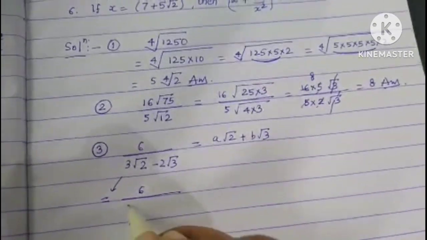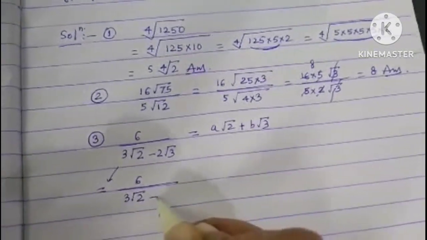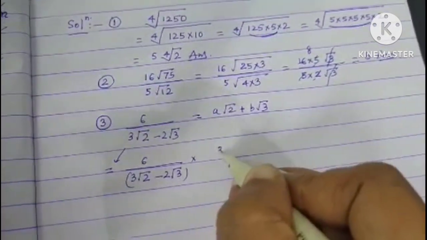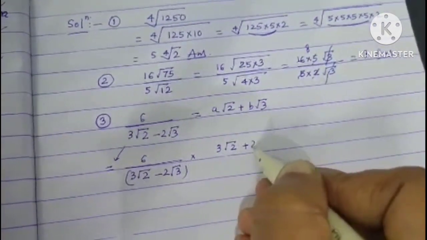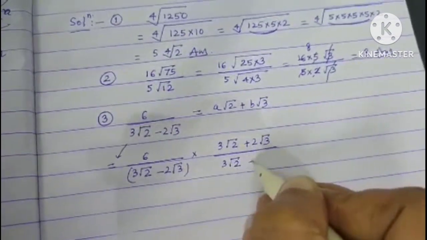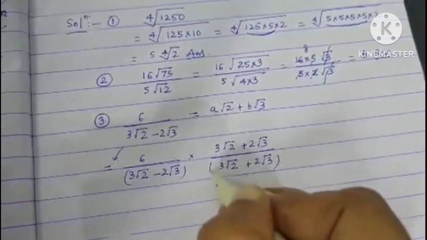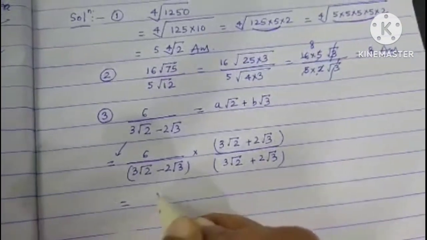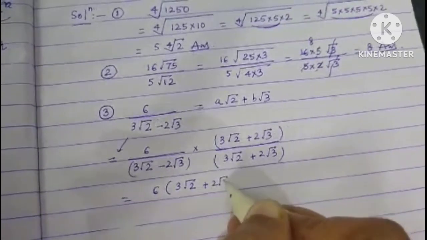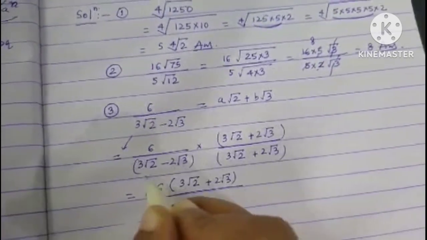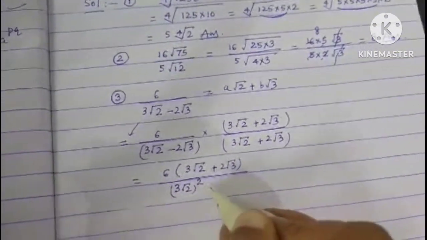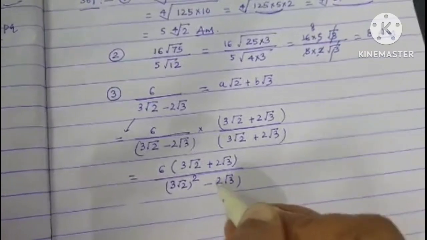This is equal to 6 by 3 root 2 minus 2 root 3 and 3 root 2 plus 2 root 3 divided by 3 root 2 plus 2 root 3. Okay, so in the numerator it will be like this: 3 root 2 plus 2 root 3, and in the denominator a square minus b square means 3 root 2 square minus 2 root 3 square.